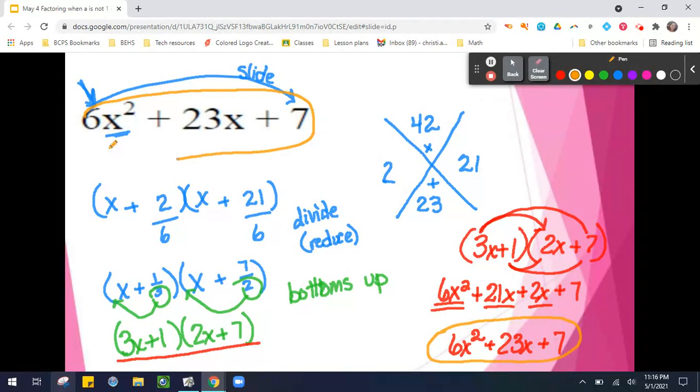So using the checking, I can see that my answer, 3x plus 1, 2x plus 7, is the answer to factoring this expression. Now, I showed the checking on this problem. I won't be showing the checking on every single problem for this example video.